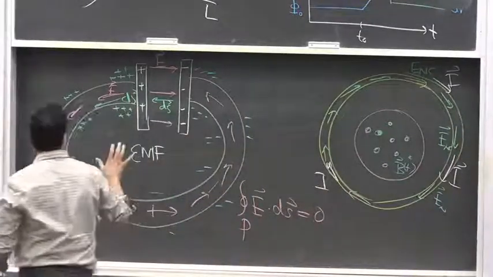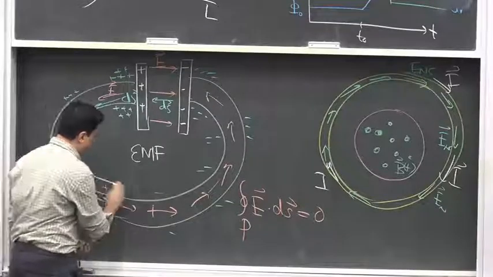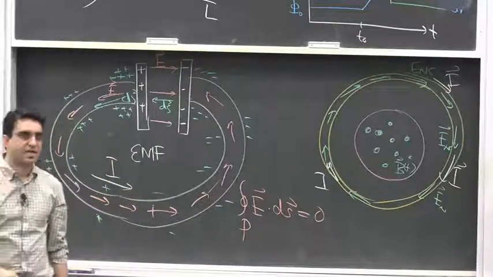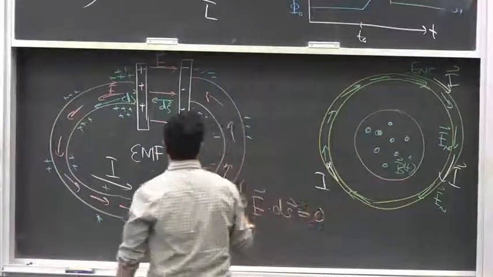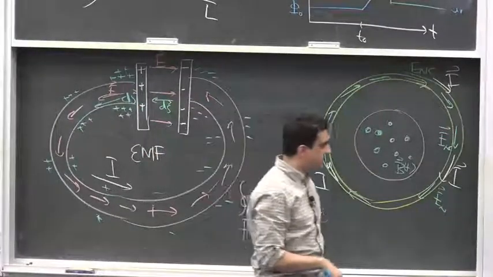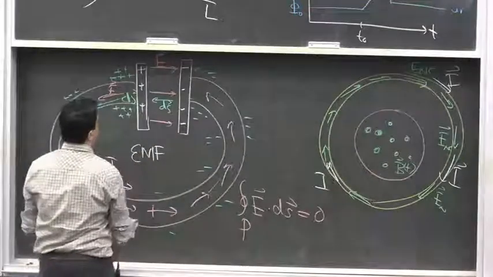But okay, so there was a current flowing in this, and the direction of the current was along the electric field. And we said that current is induced because of the work done by the battery. So what we assumed was, you have an electric field here.